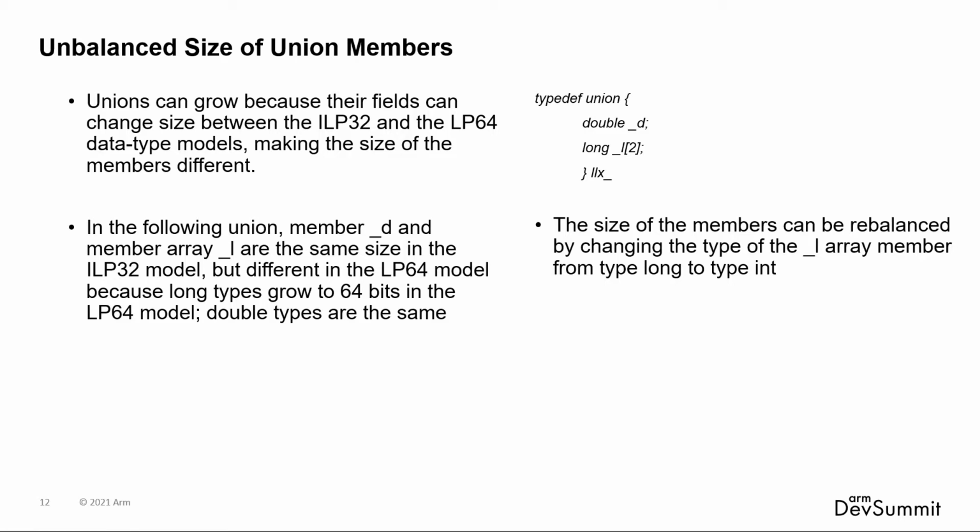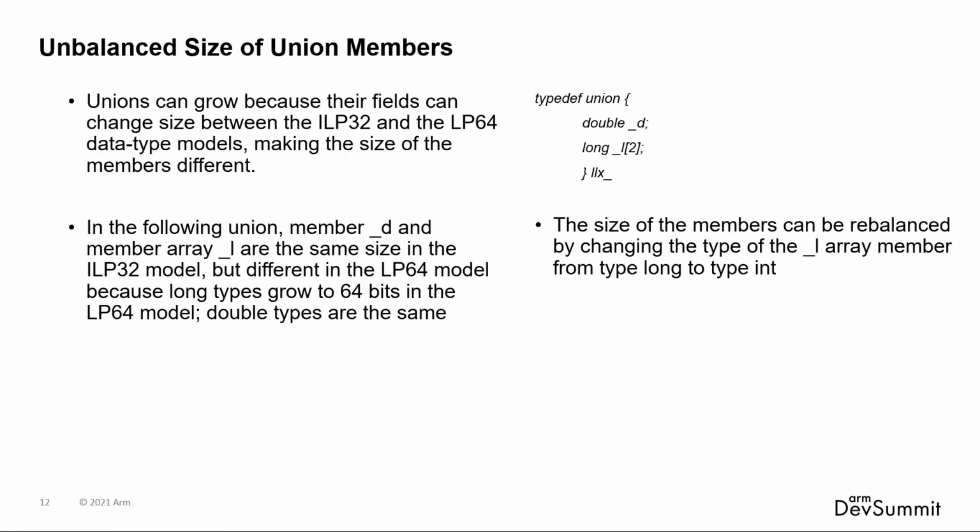In the union example shown, member _D and member array _L are the same size in the ILP32 model, but different in the LP64 model. This is because long types grow to 64 bits in the LP64 model, but double types, the floating point types, do not.